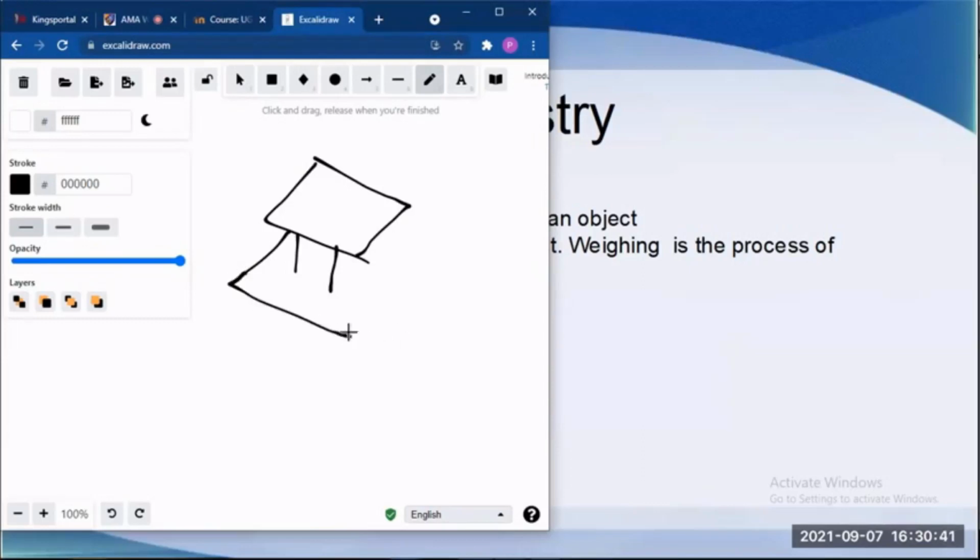By the way, if you're curious, I'm using xvaluedraw.com. It's something good because I'm not that good at drawing. Anyway, let's have this. Imagine a weighing scale. Just imagine. This looks nothing like a weighing scale.